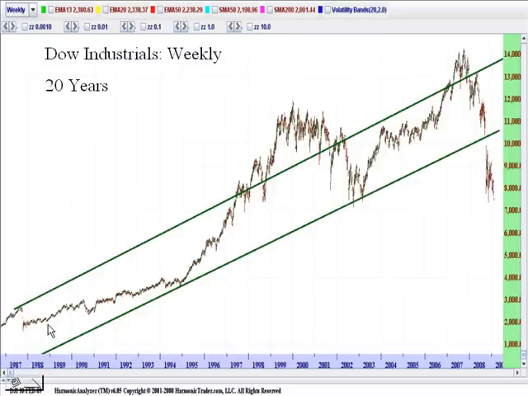So even from that perspective, from the 20-year perspective of taking it off the 1987 crash low, we're well below that trend channel, and now we need to look for something structurally that's going to give us signs of what might happen.